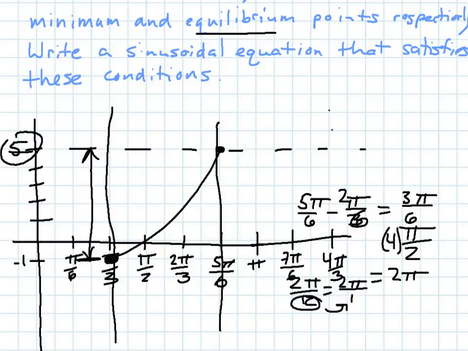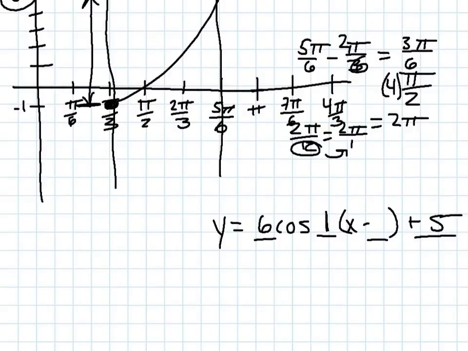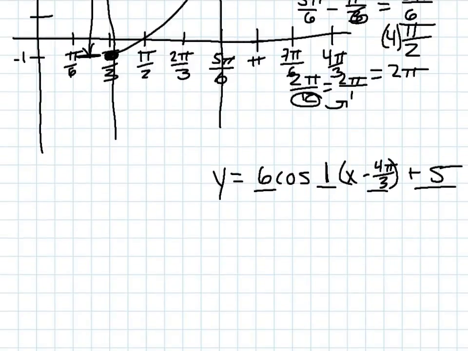So 1, 2, 3, 4, 5, 6. So at 11, 4 pi over 3, comma 11 would be that next point for the graph. Okay, so minus 4 pi over 3, remember it's always the opposite for that sign, so that would be 1 completed cosine.